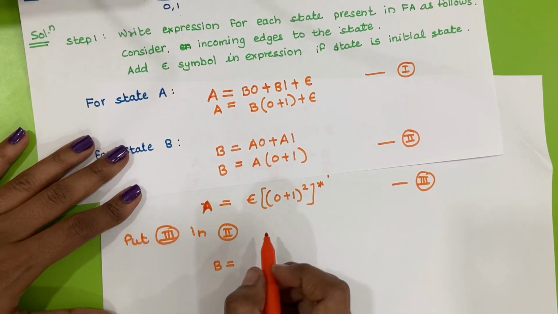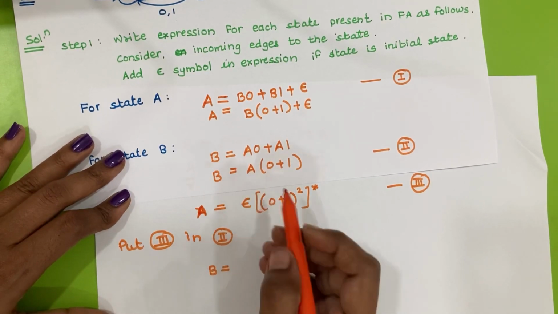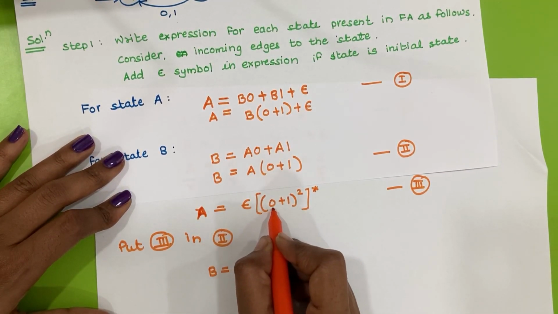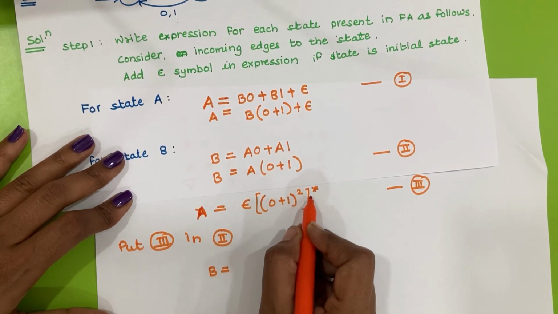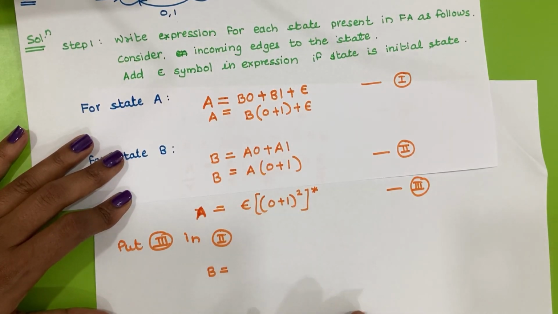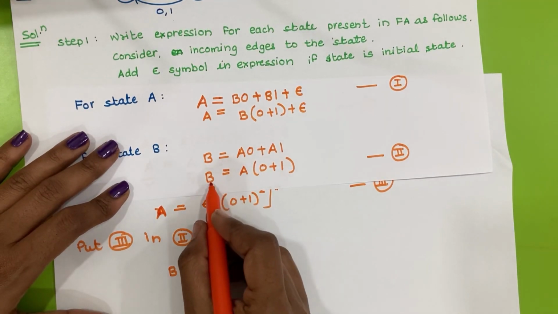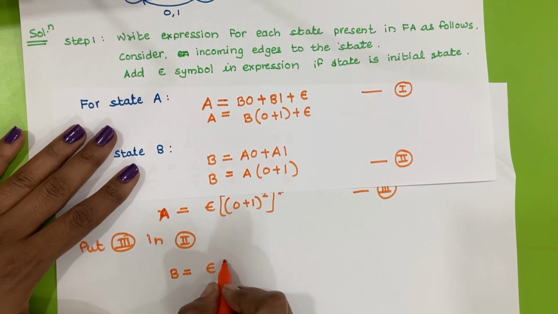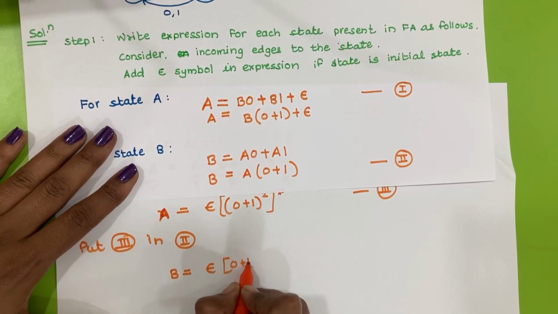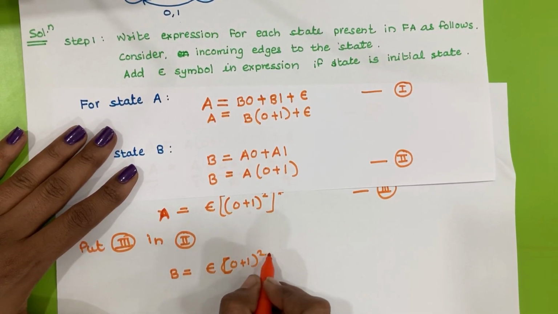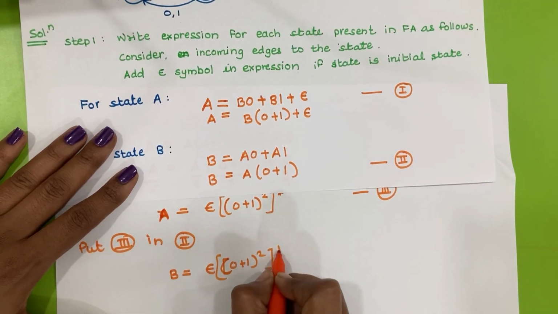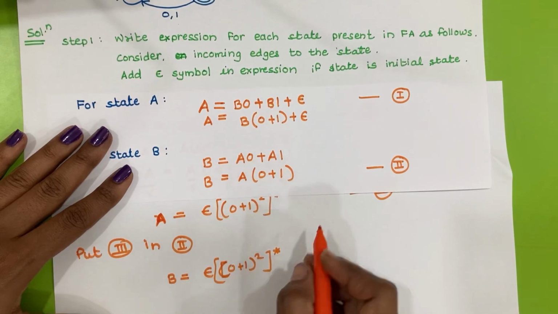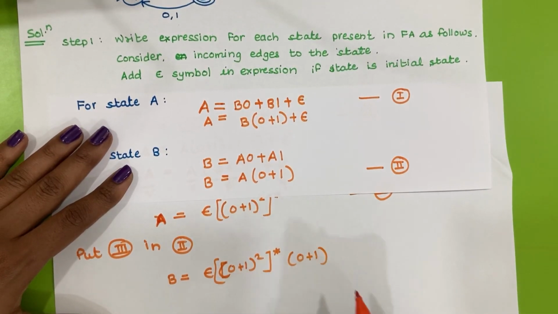So B is equal to, the value of A is epsilon, (0 plus 1) square bracket raised to star, into 0 plus 1.